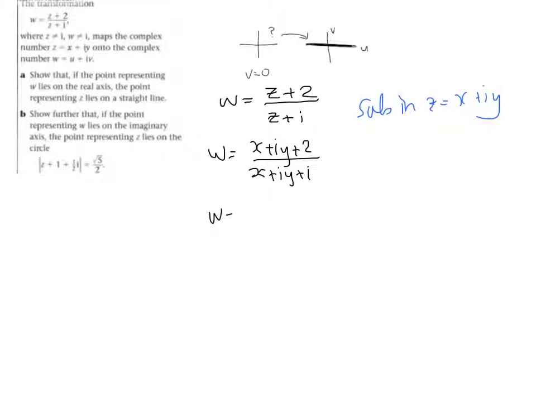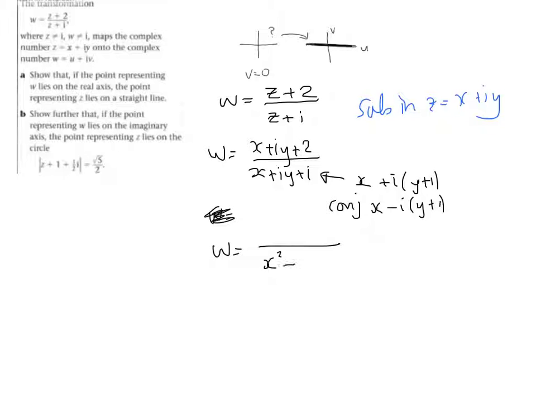I'm going to have to rationalise the denominator here. The bottom there is x plus i(y plus 1), so the conjugate is x minus i(y plus 1), and that's what I'm going to have on the top and the bottom. On the bottom, when I multiply them together, I'll get x squared plus (y plus 1) squared.